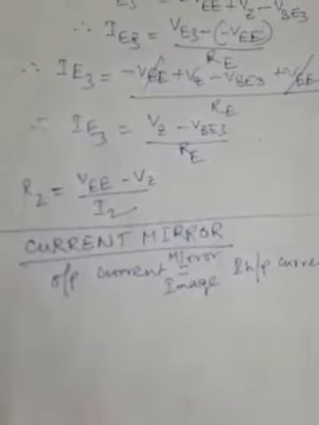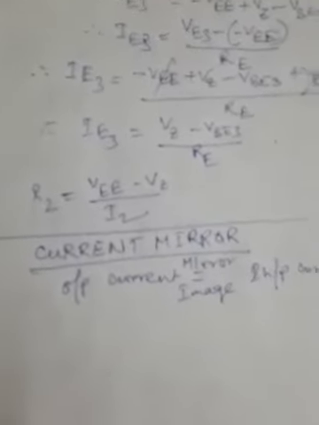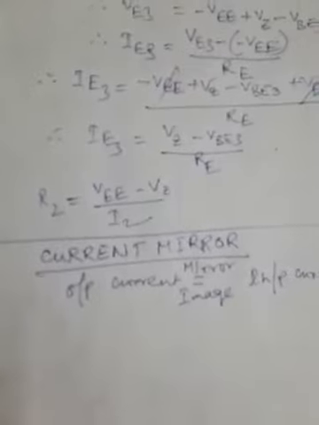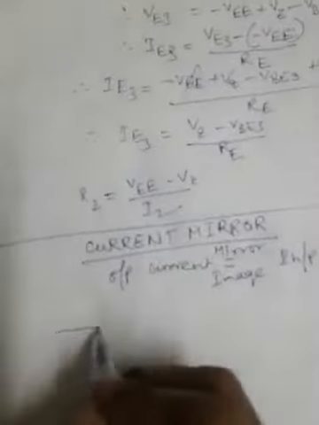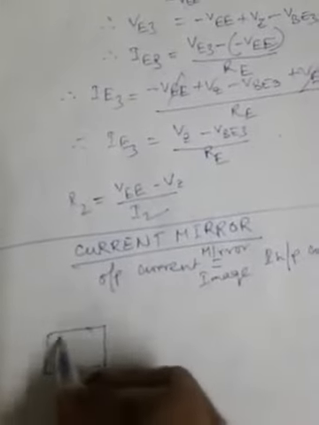So in a current mirror circuit, let us see the block diagram and the circuit of the current mirror respectively. The block diagram is something like this, very simple.